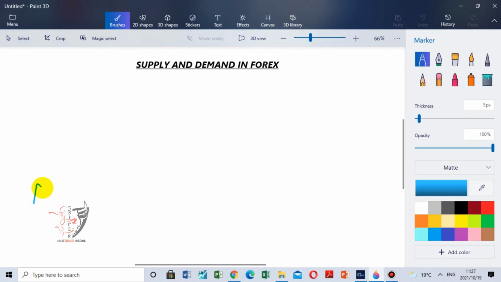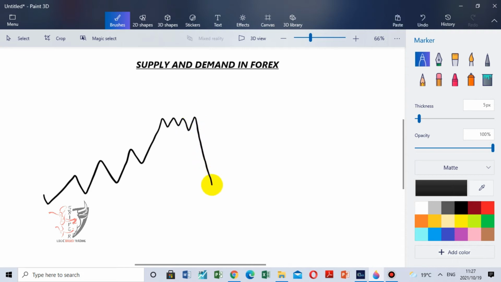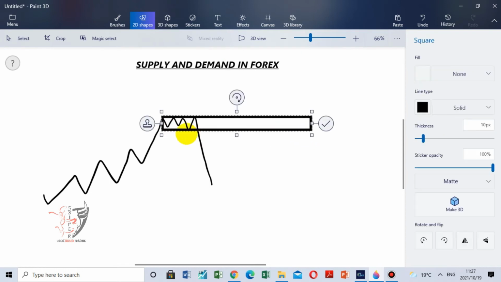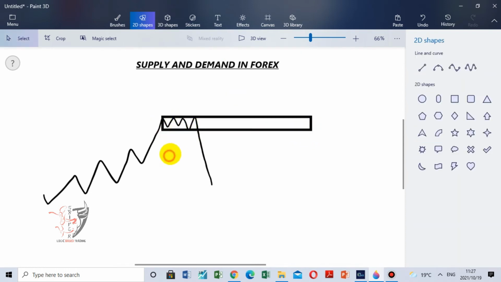You'll have price going up like this, then price finds an area of equilibrium, then price goes down. Remember I said when sellers and buyers are more or less the same at an area, price gets into an area of equilibrium like that.